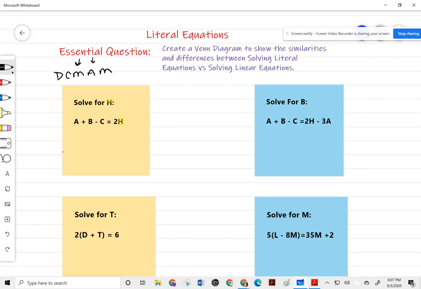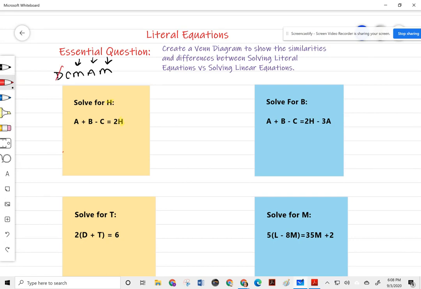Then this A is going to tell you that you are going to add or subtract to the other side to get the variable left on one side and everything else onto the other side. And this last M stands for multiply or divide, whatever the inverse operation is, in order to get the variable by itself.